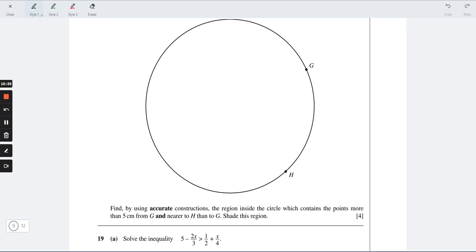So with the compass, open it to 5 cm from point G and draw an arc going through H like this.